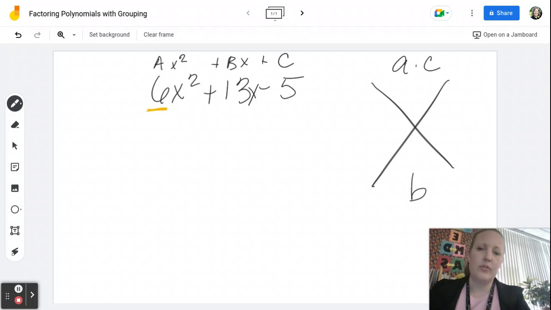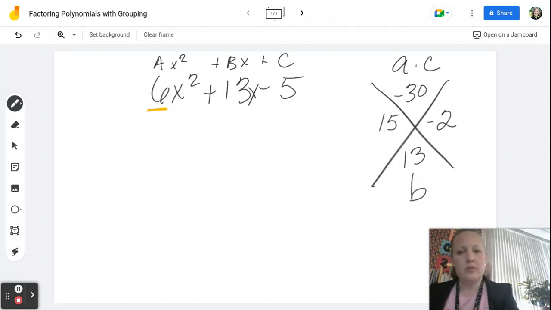So this is standard form of a trinomial. So we're finding factors that multiply to be 6 times negative 5. So we're looking for factors that multiply to be negative 30 and add to be 13. As you go through those factors, you're eventually going to come to 15 and a negative 2.